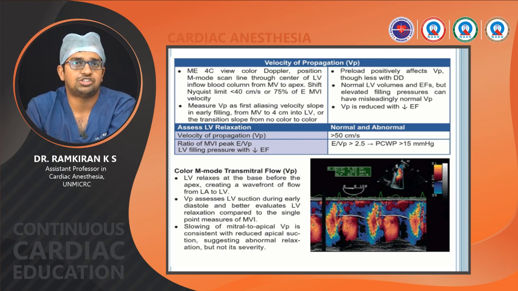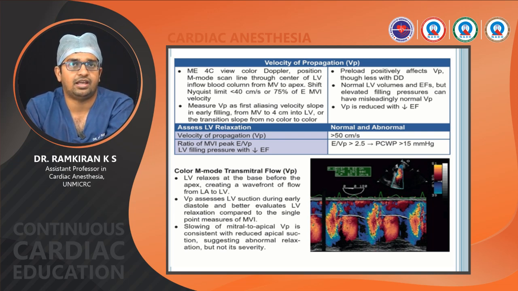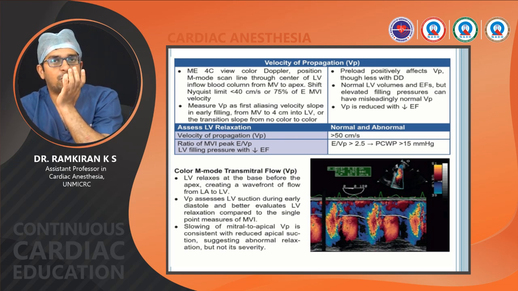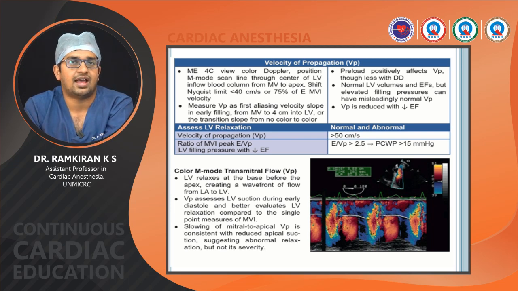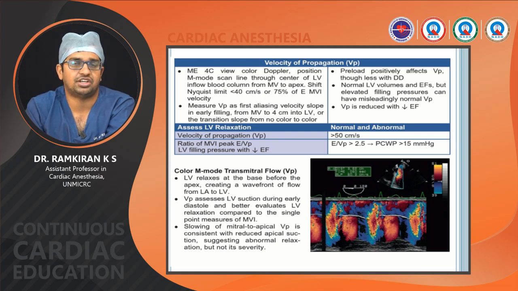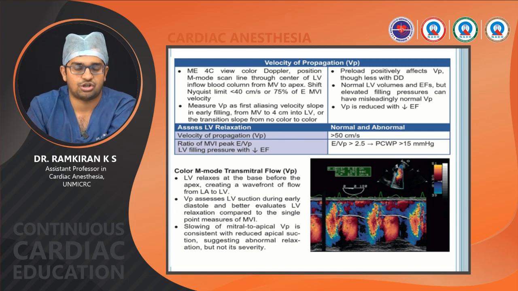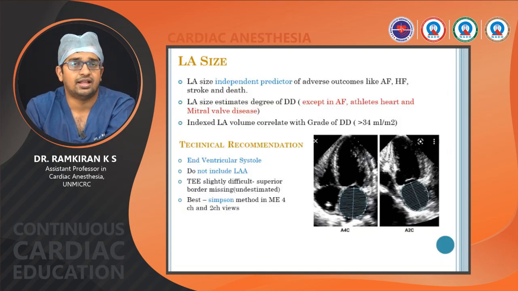The velocity of propagation is the first aliasing velocity slope in early filling, from the mitral valve up to 4 centimeters into the LV, and the transition slope from no color to color has to be seen. Ideally the normal value is more than 50 centimeters per second, but as the stage of diastolic dysfunction increases, this value comes down.